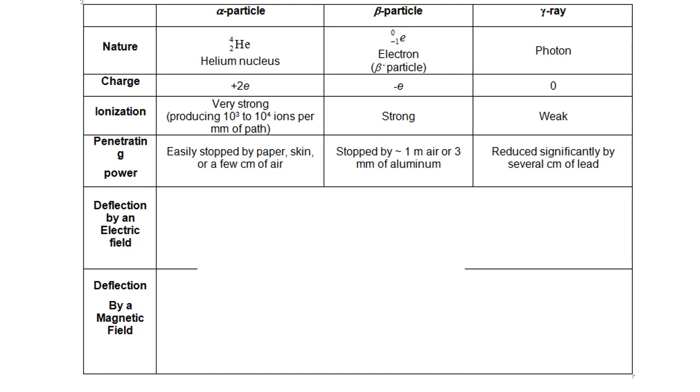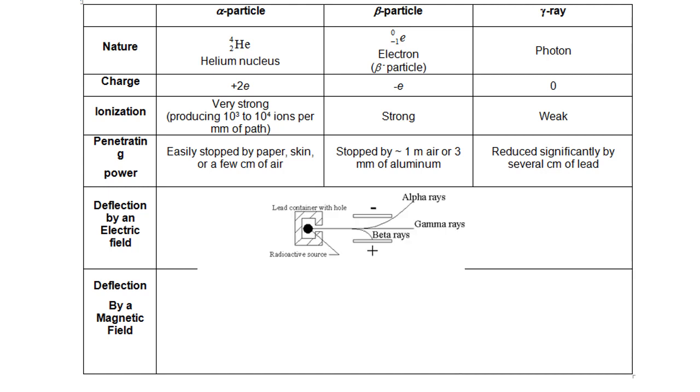They might travel up to a meter in air, and we need a few millimeters of aluminium to stop them. Whereas gamma rays pass through almost everything. They are not stopped entirely, but we might reduce the amount of gamma radiation by several centimeters of lead. And after that, there might still be some coming through.